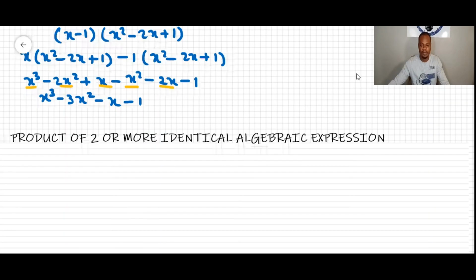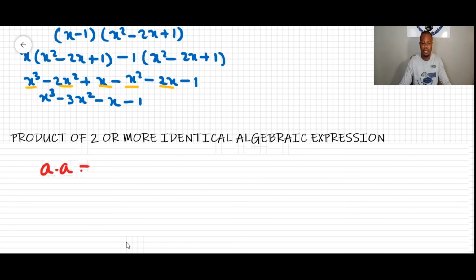Now, the product of two or more identical algebraic expressions is known as the square of that expression, or the nth power of that expression. Let me give an example. Let's say we have an expression here which is a, and another expression is a also.